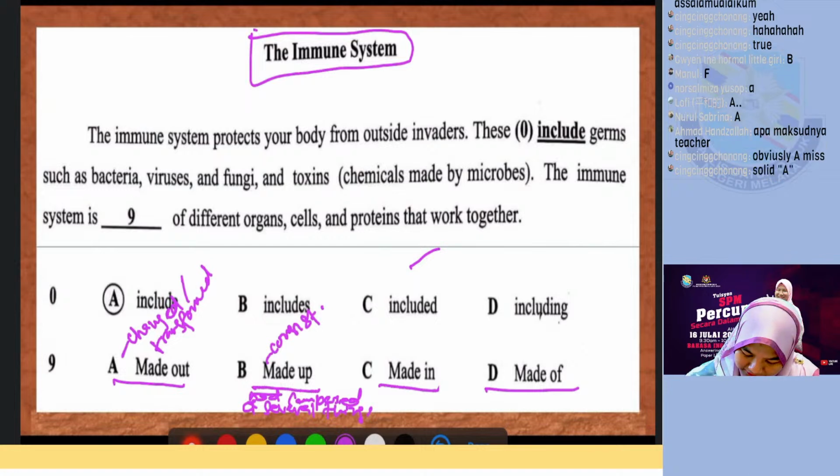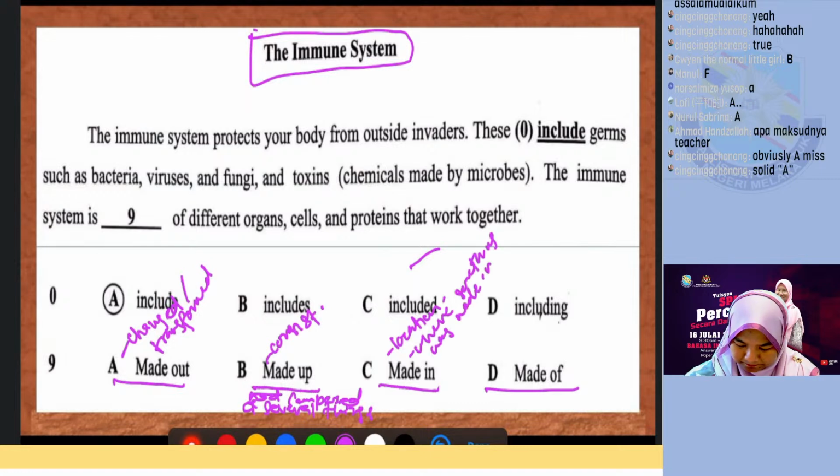Good. Made in will be used when we talk about the location, where something is made in. Di mana benda tu dibuat. Then the last one we have the option of D, made of.